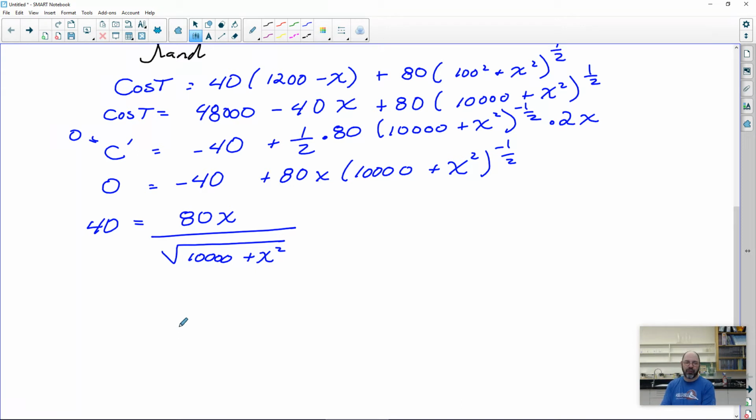Okay, so there is what we have for an equation. You could also write this as just the power of 1/2 if you like. So how do we solve this equation? Well, basically, we can do a cross multiplication. So we're going to get 40 times the root of 10,000 plus x squared equaling, like 40 over 1, 80x.